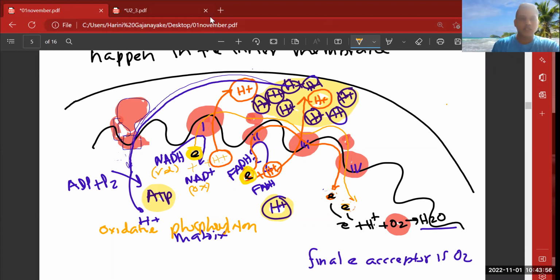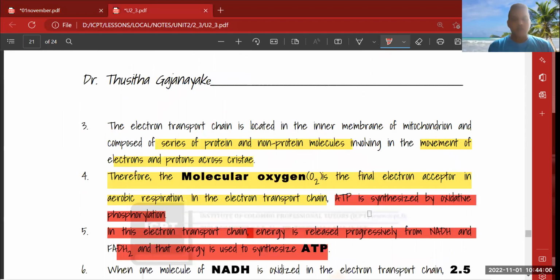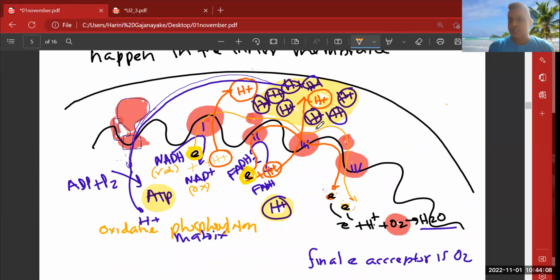So I think the confusion in the resource book is this: ATP is synthesized by oxidative phosphorylation. You can remember it like that. But in the light dependent reaction, something slightly different happens.